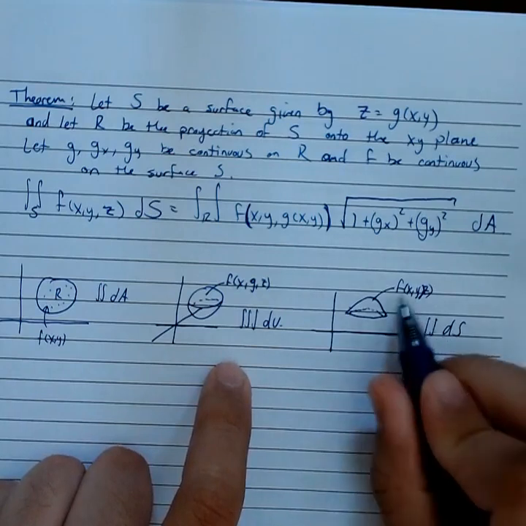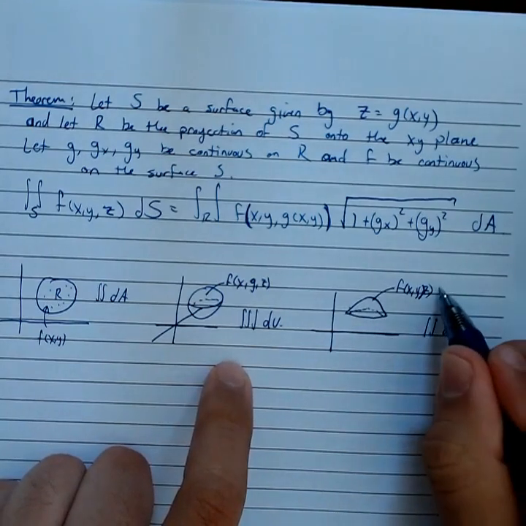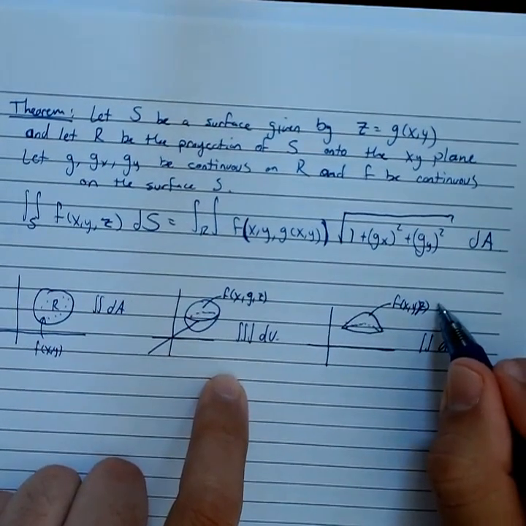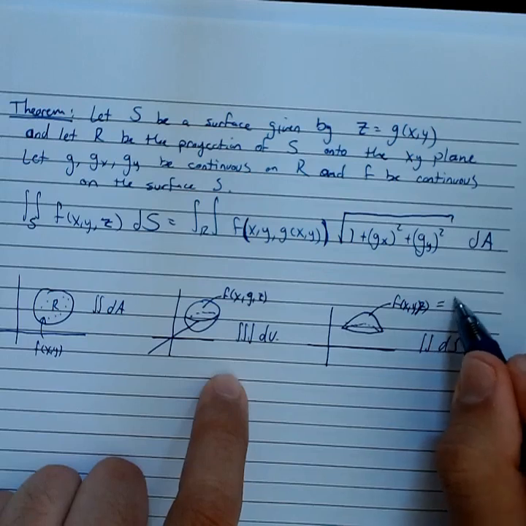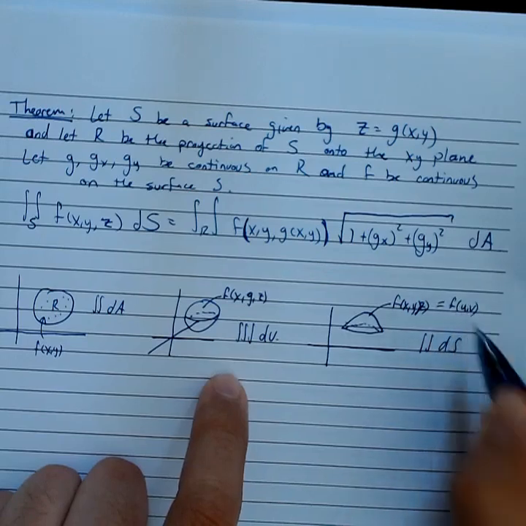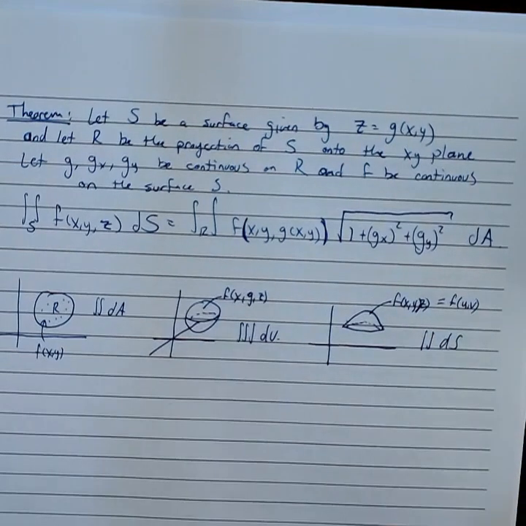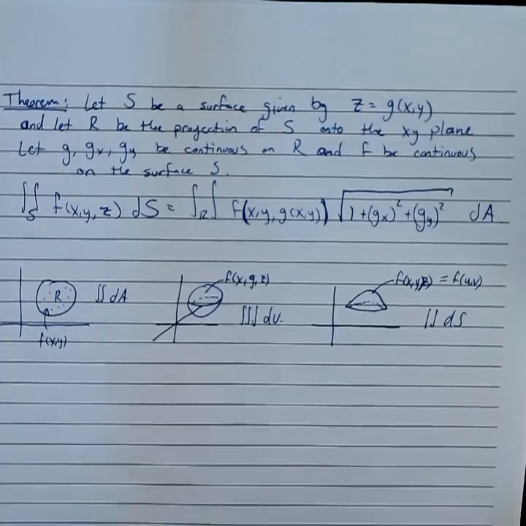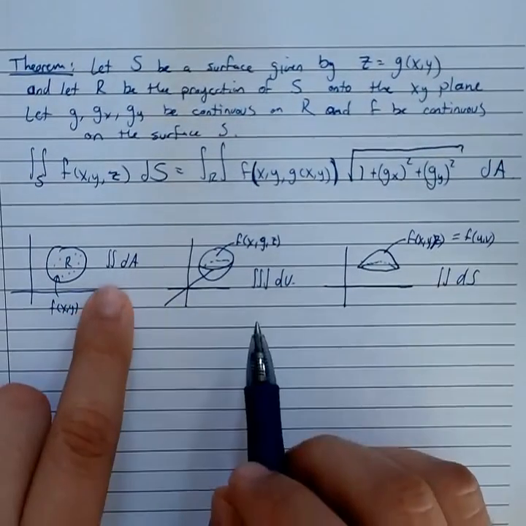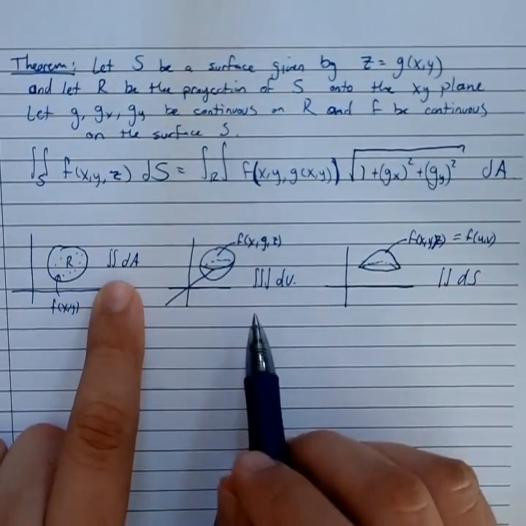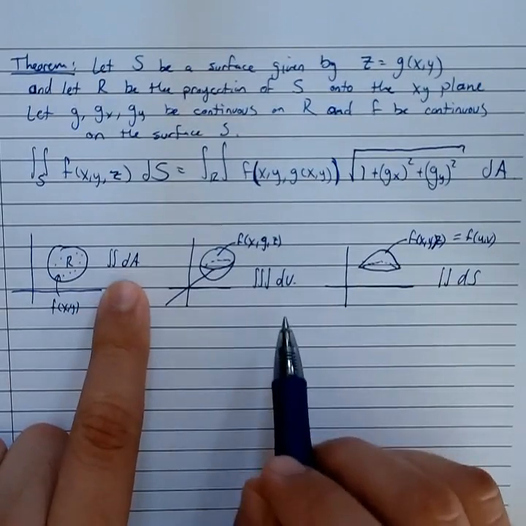Here we said, even though this is in 3 space, we can parameterize this as functions of 2 dimensions. So here we can write this as f of u, v. We can parameterize it using 2 variables, so we can get away with using a double integral rather than a triple integral.